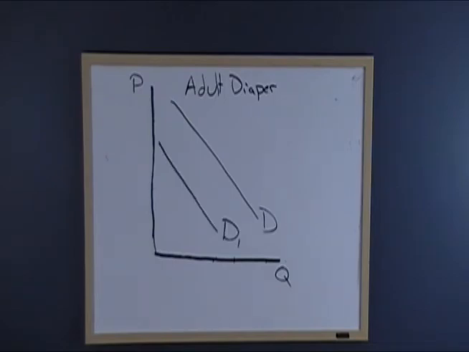If you said the demand curve would fall, would shift to the left, would decrease, all of those things are correct. That is very true. Elderly people are the main users of adult diapers. If a lot of elderly people suddenly die off, bing bang boom, demand shifts to the left. What happens at any given price? The quantity demanded of adult diapers will fall.